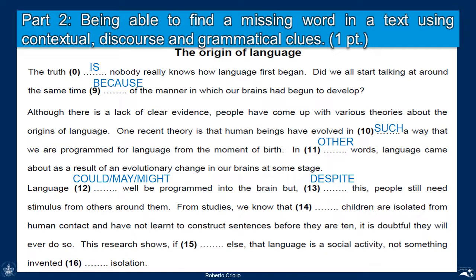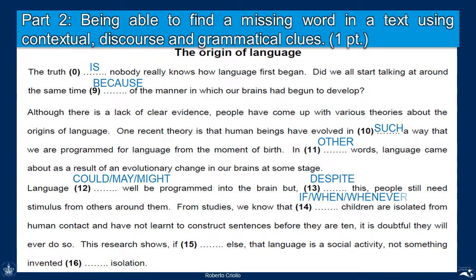From studies, we know that children are isolated from human contact and have not learned. So we need here an adverb of time, right? So we will say, we know that when children are isolated from human contact, or whenever children are isolated from human contact, and obviously because this is a condition, we can also use if. So these three options will be correct.